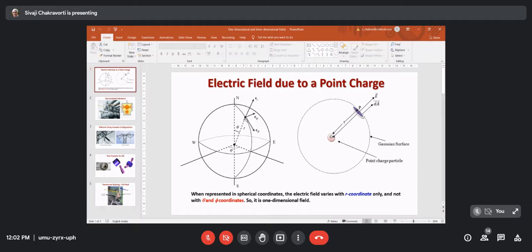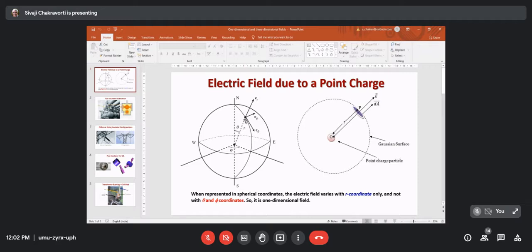I know the field is Q by 4 pi epsilon R square. Now I am rotating this point, keeping R constant, varying theta. Are you going to get a different potential or field intensity? No, sir. You are not going to get one, right?